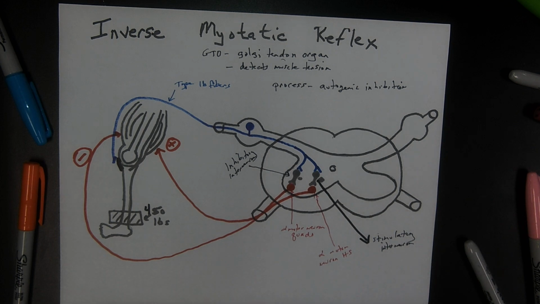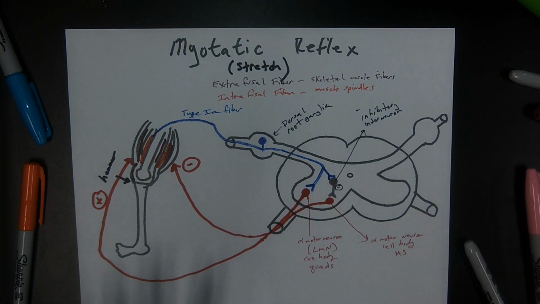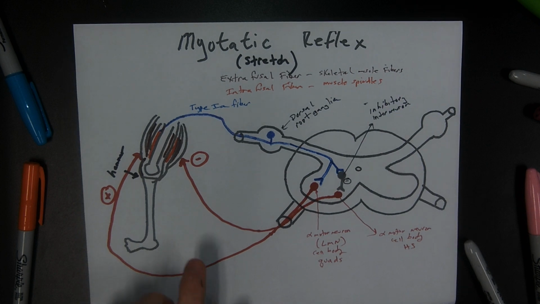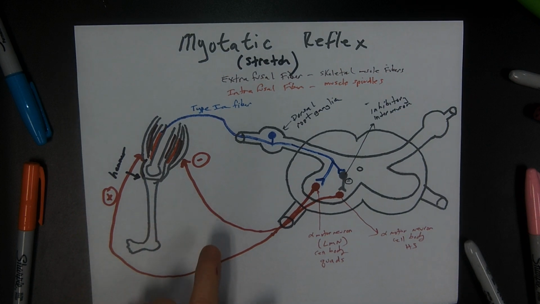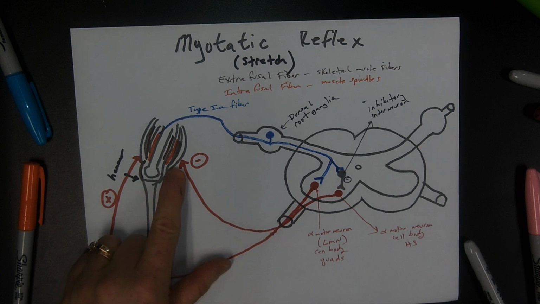Having said that, there's one more thing when we talk about the myotatic stretch reflex. The myotatic reflex, one thing I did not mention, this is the last thing that I'll do. Does anyone know what this process is called? The last one's autogenic inhibition. So, okay, you're inhibiting the hamstrings here.